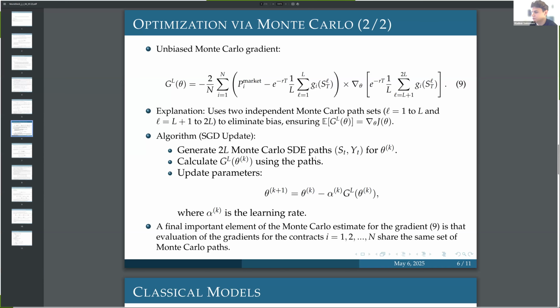And this gradient is used in stochastic gradient descent, like in other machine learning models. So we generate two sets of Monte Carlo prices, use them to evaluate the price, and get the model-generated price and its derivative. Then we calculate the gradient and update the parameters of the neural network.